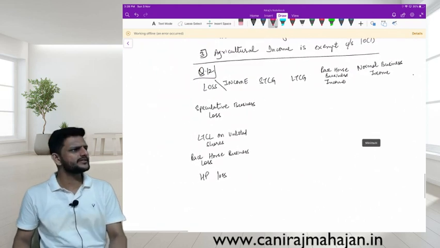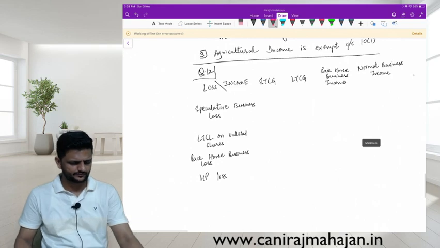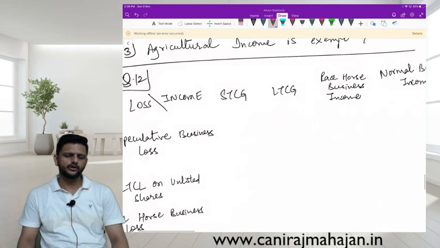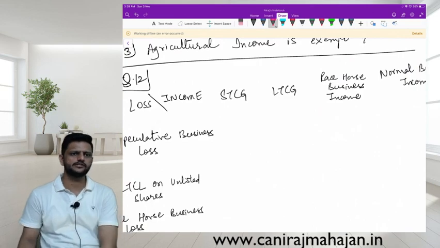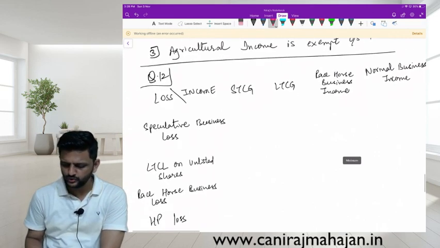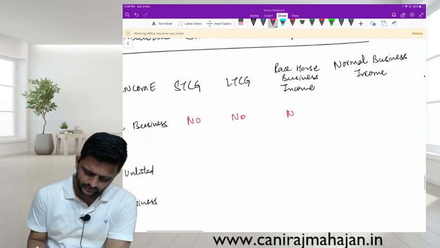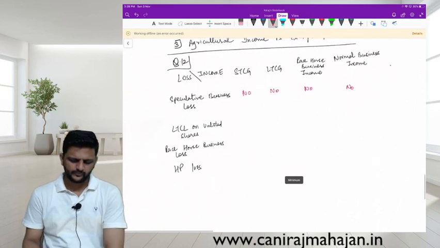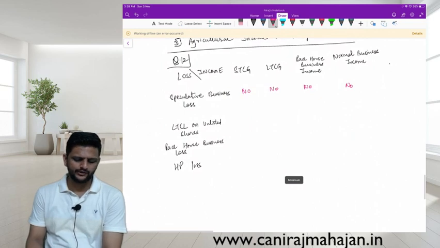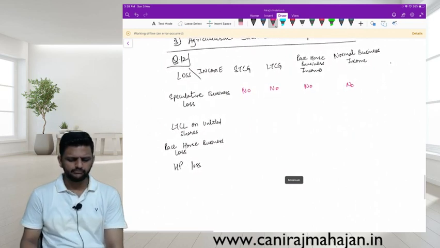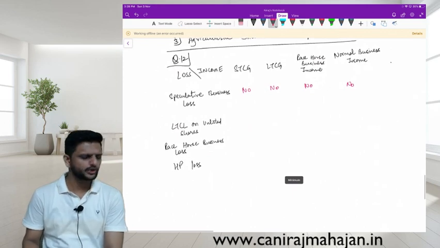And the brought forward total we will see at the time of computation also. Speculative business loss can be set off only against speculative business income. True or false? True. So everywhere you write no. LTCL on unlisted shares does not go to any other head of income, but long term also does not go to short term.